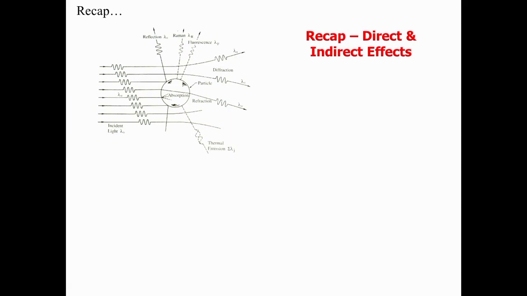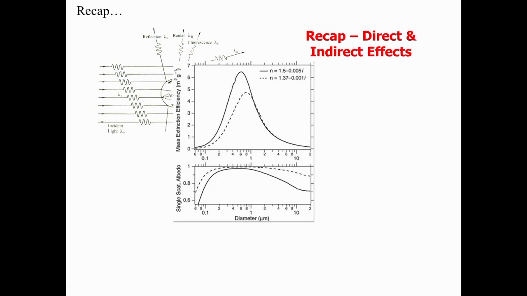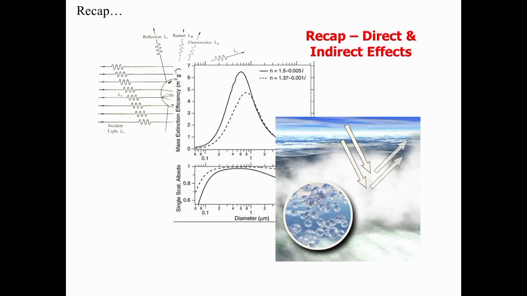So we touched a little on the different sorts of interactions between particles and radiation, and diffraction, Raman scattering, fluorescence, reflection, different scattering, the mass extinction efficiency and the single scattering albedo affected by the refractive index of the particles, and then the indirect effect caused by the activation of different aerosol particles into clouds.